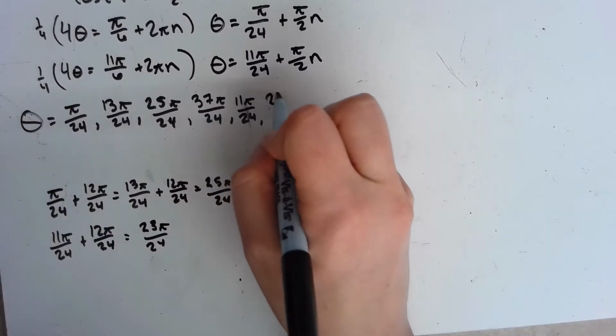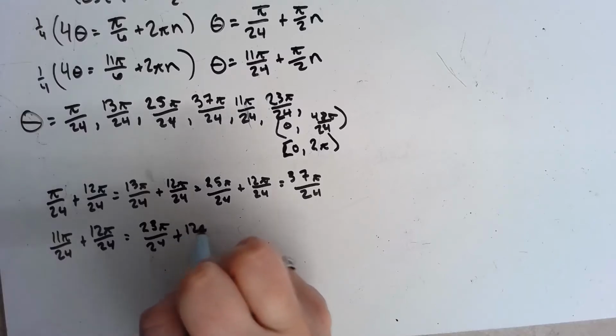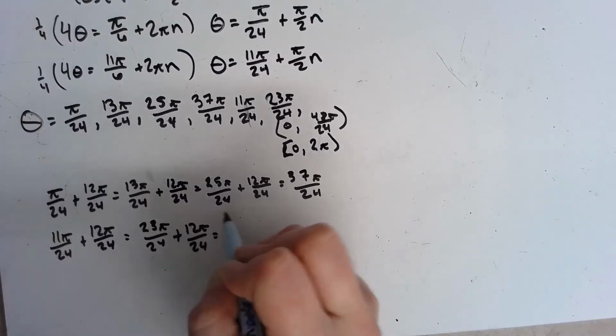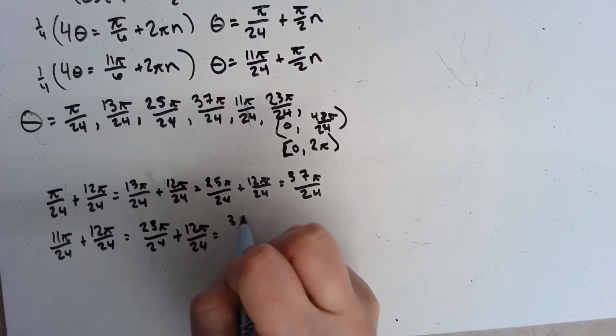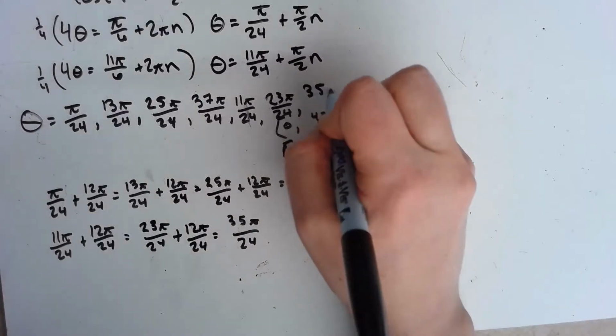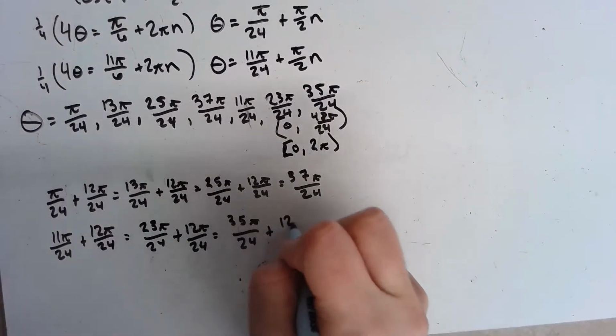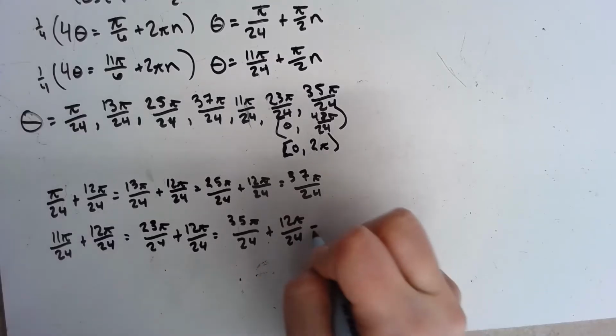Okay, add 12 pi 24ths, 35 pi 24ths. Okay, and then we're going to add again 12 pi 24ths.